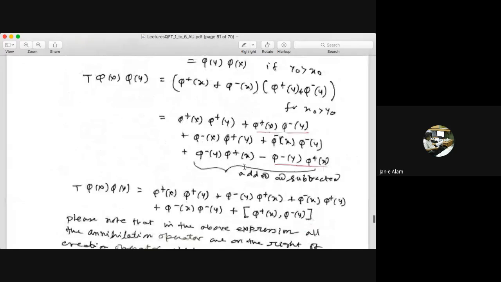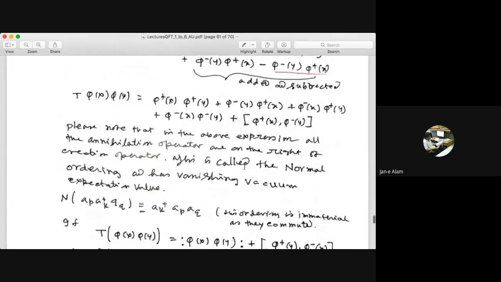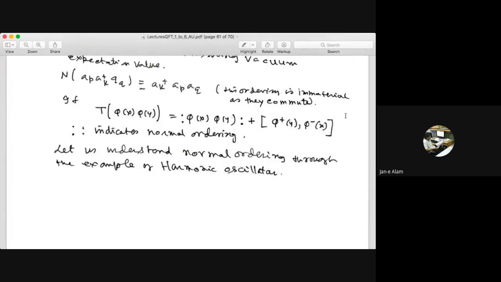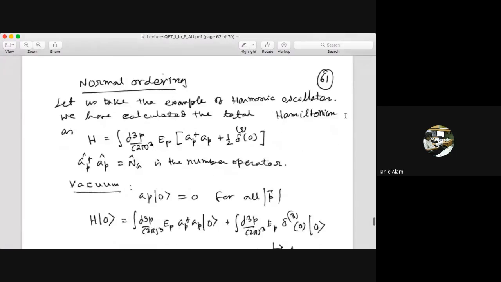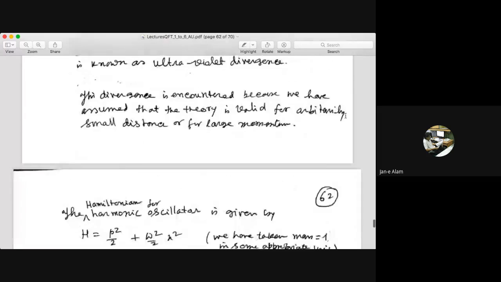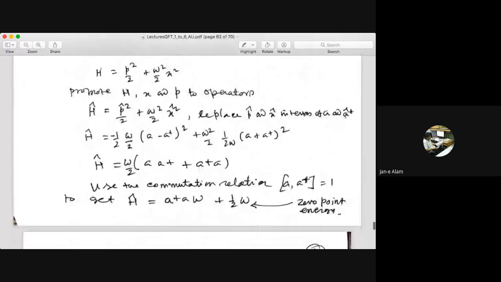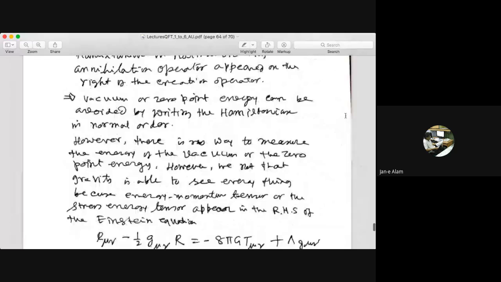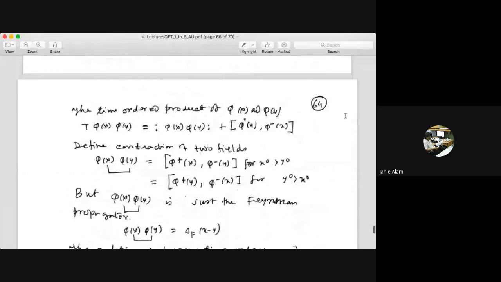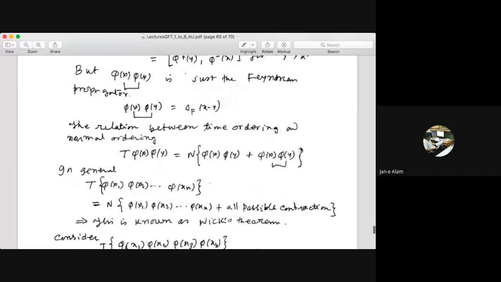And the Wick theorem is precisely telling me that the time ordering operator of two fields is the normal ordering of all possible contractions. By contraction, I have argued today, this contraction is nothing but the Feynman propagator.